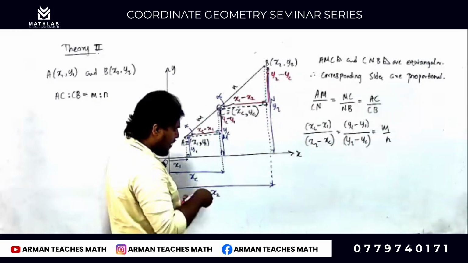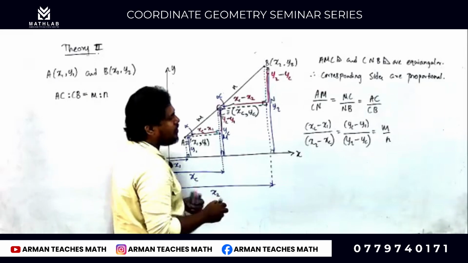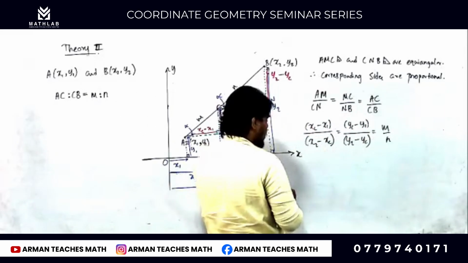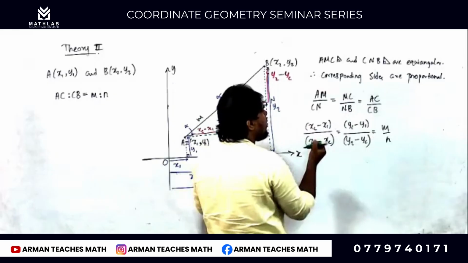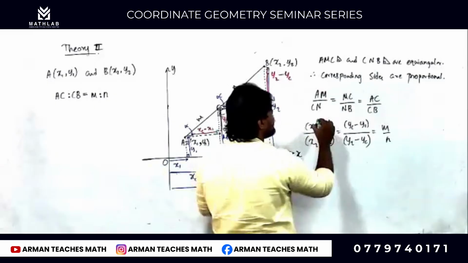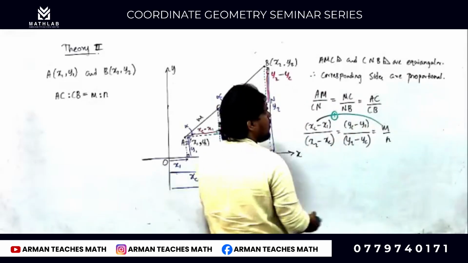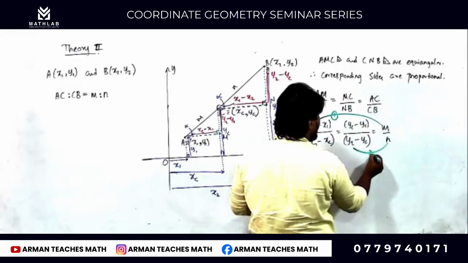Now this is a continuous equation. This part is equal to this part, and this part is equal to this part. So we can develop equations by joining these two, and joining these two I'll take another equation.